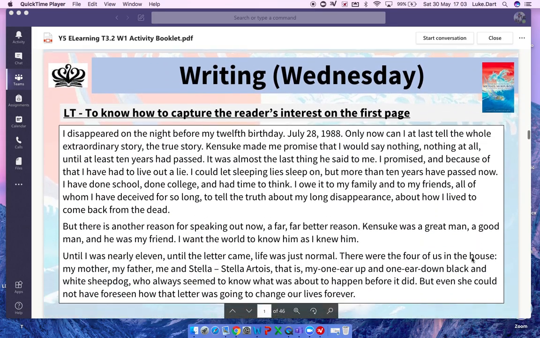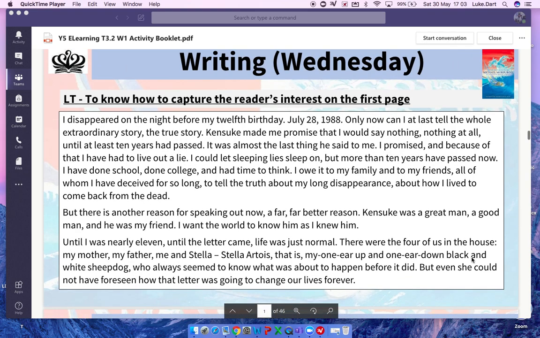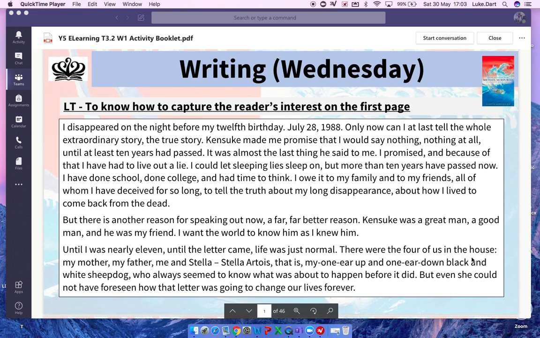Okay, so then this is the very first bit, the opening of Kenzuki's Kingdom that I've simply just copied from the text and put into the screen for you here. So what we're going to do today for our writing task is to get you guys to read that particular section and then answer some questions in the typical way you're used to doing normally on a Sunday morning.